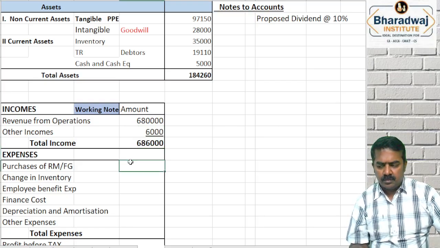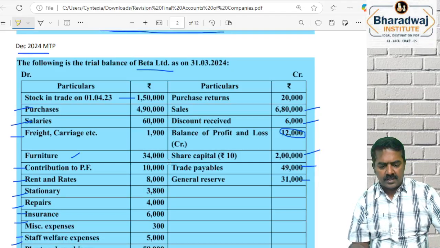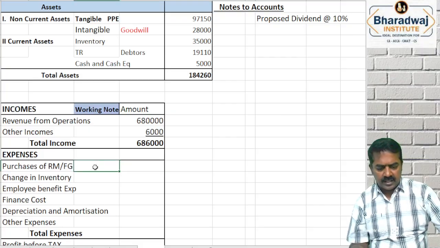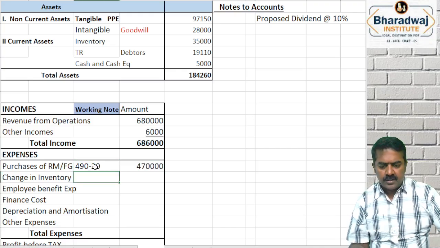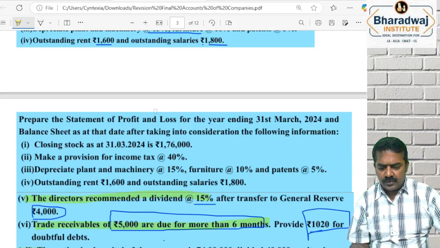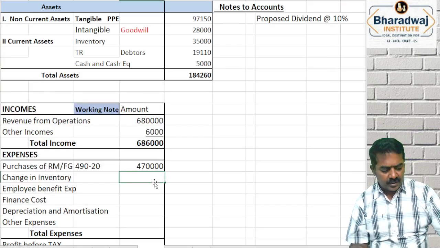Then purchase of raw material minus returns. 4 lakh 90 minus 20,000. No direct expenses, I hope. Change in inventory from 1 lakh 50, it has increased to 1 lakh 76,000, minus 26,000.